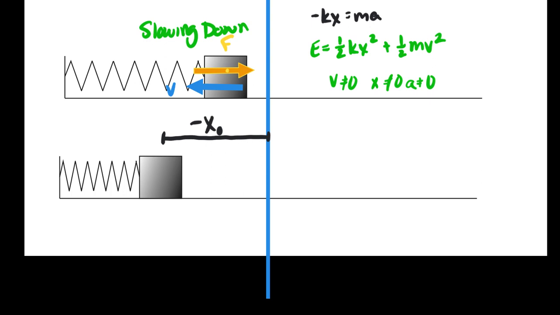At this moment, the force is again at a maximum. And the acceleration is at a maximum. The acceleration is at a maximum because the force is at a maximum. But the velocity equals 0. We are stopped.